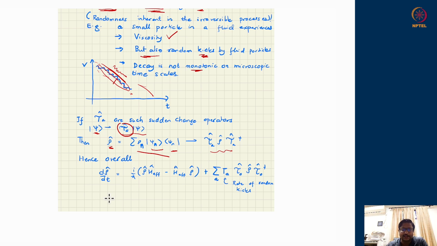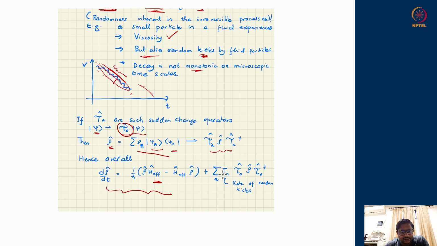So overall, a system which is open, which is dissipative, necessarily has some fluctuation term as well, and the overall dynamics is controlled not only by the effective Hamiltonian, which has a V or a TA term in it, but also by the fluctuation sudden kick terms.